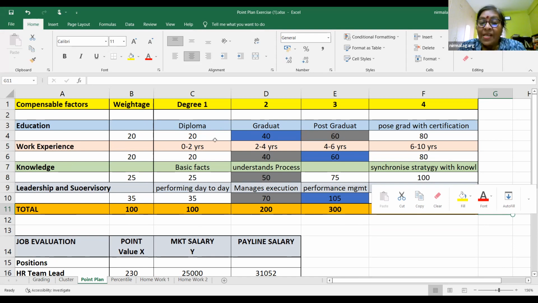Why? Because I'm assigning points. You have to be very, very careful. Ensure that there is no overlapping. Once you have done that, then you have to do the populating of the point plan. Like I told you, how do you populate? I explained to you. Let me see if anybody remembers. How do you then populate the plan?